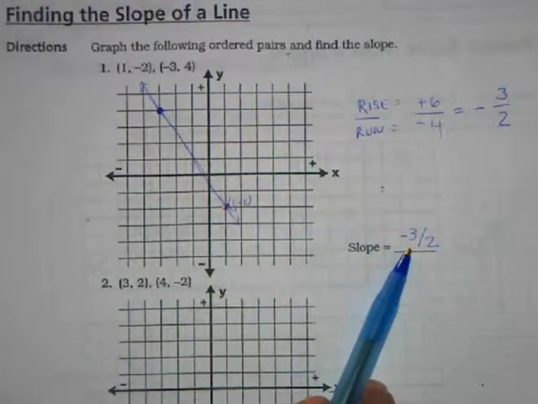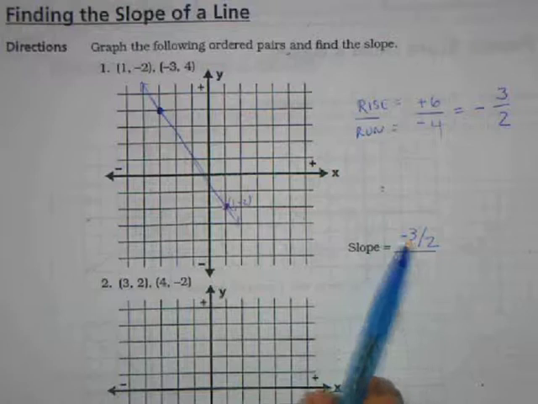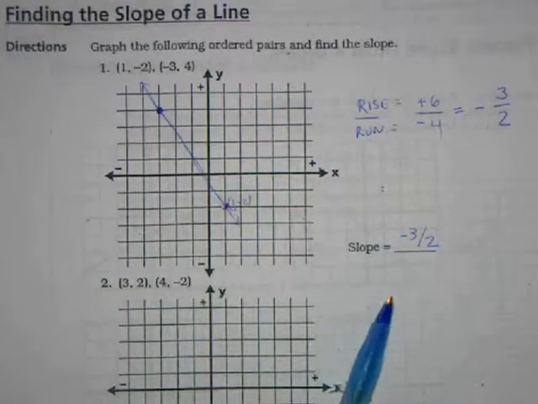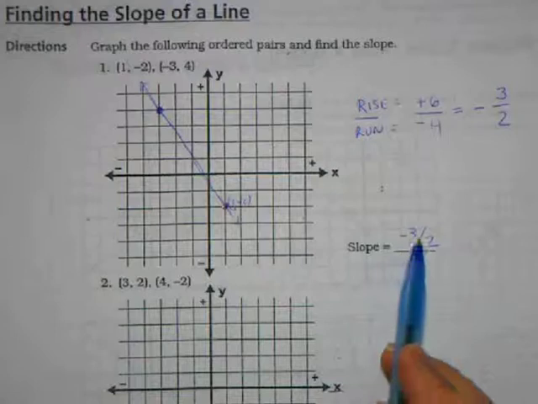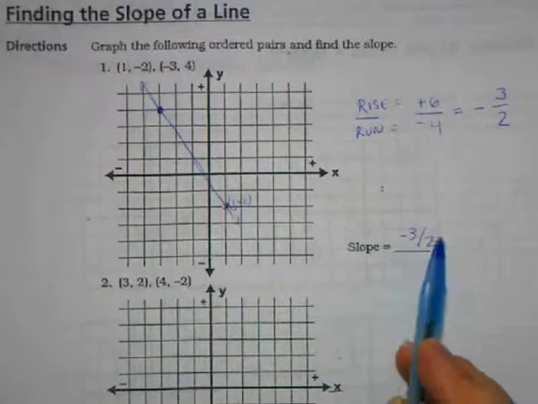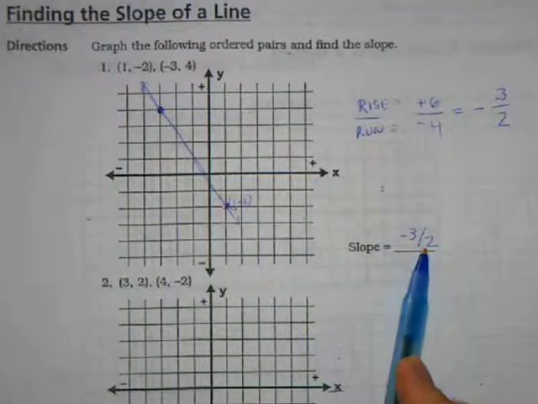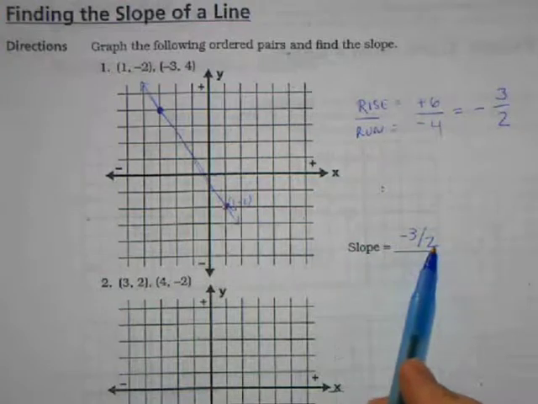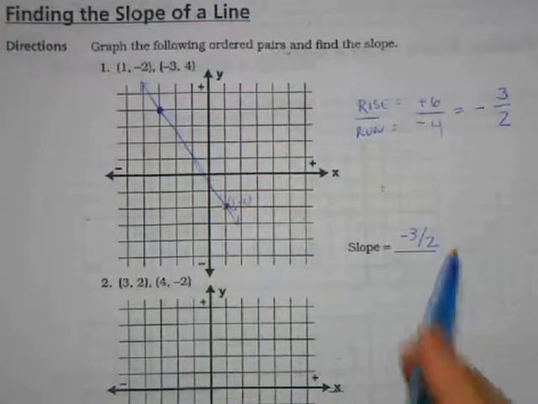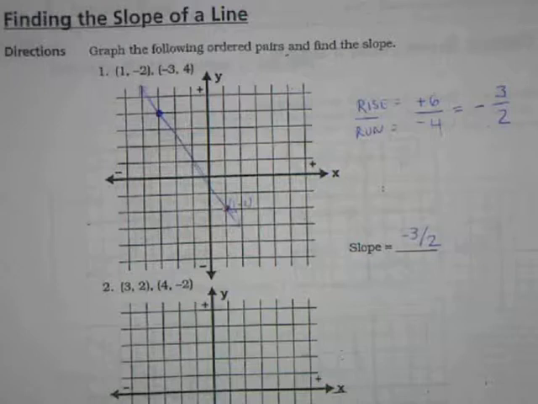The reason it's useful to leave our slopes in fraction form, even improper fraction form, is we can clearly see when we look at a slope in fraction form what the rise is and what the run is. If I had turned this into a decimal, I would have lost that ability to see the rise and the run. This is the end of the notes that go with your packet on slope.